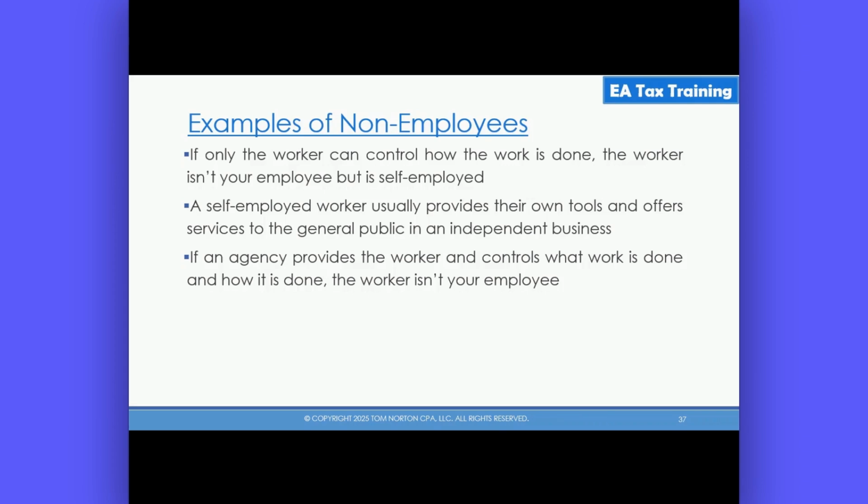They are using the homeowner's tools and lawnmowers and what have you. That person sounds a lot like an employee. Even if they occasionally do work for the neighbors or for somebody else on the side, still their full-time job is working as a caretaker. So that person likely is an employee.